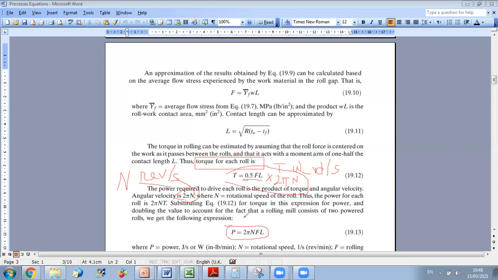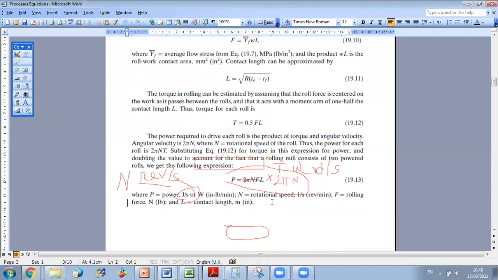Now, as we said, for units, power is in watt or joule per second in case I work in SI units. In case I work in English units, it is inch lb per minute, or sometimes feet lb per minute. So it depends on the value of length given. The rotational speed in general is provided in 1 over second or revolution per minute.